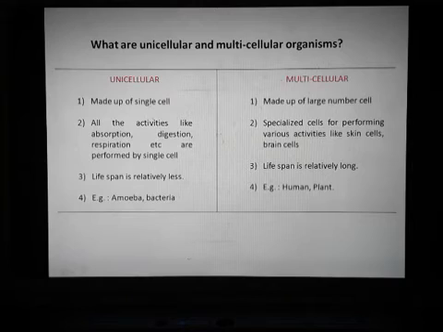Whereas in multicellular, you have different organ systems for different activities. You have brain cells, skin cells, red blood cells, like that. Another difference is that the lifespan of unicellular is relatively less, whereas multicellular organisms live longer. Examples: amoeba and bacteria are unicellular, and humans and plants are multicellular organisms.